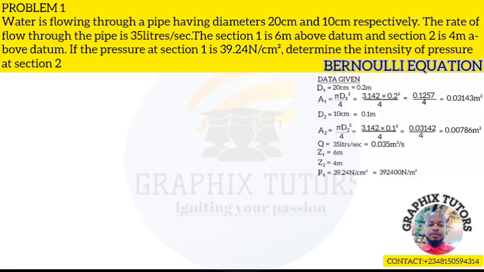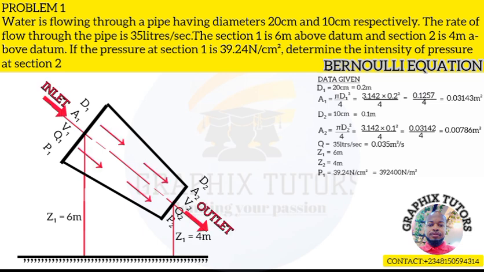So diagrammatically, this is what we have here. This is my section 1 and section 2. This is my streamline, the center line here. From the center line to the reference point, the datum, the height is 6 meter, so it's higher, while section 2 is lower to the reference line, which is 4 meter.